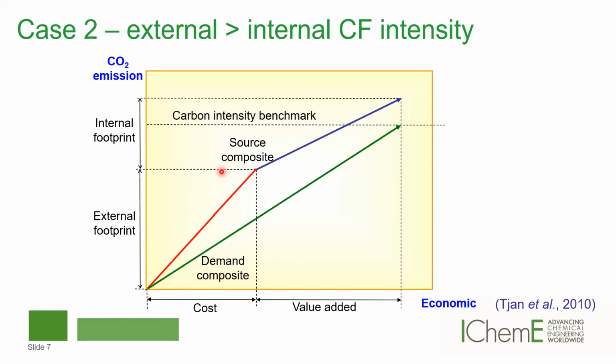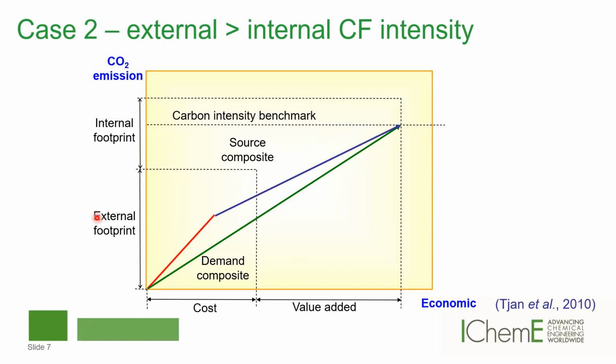So how do we do that? Say we have a target to reduce the intensity by 10%. Again, imagine that this demand curve represents our target to reduce by 10%. We can do that by sliding this line right here.